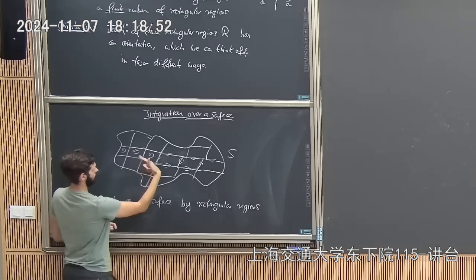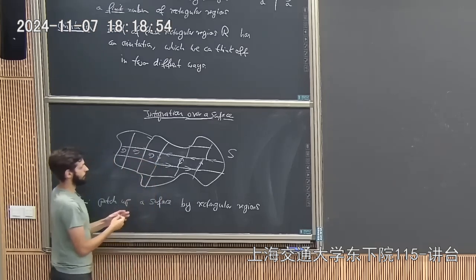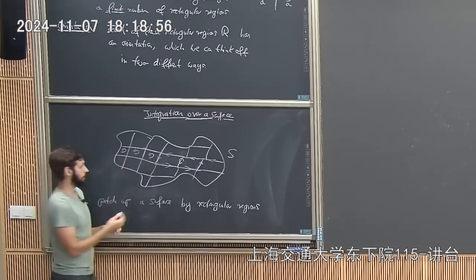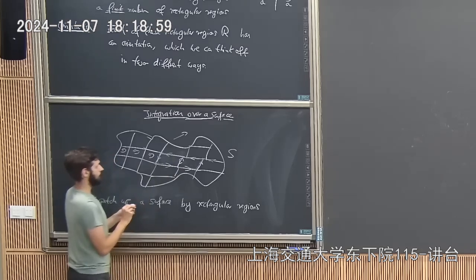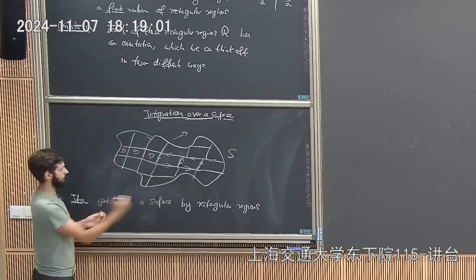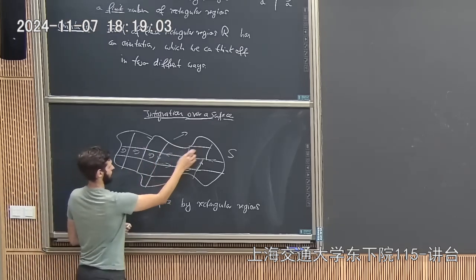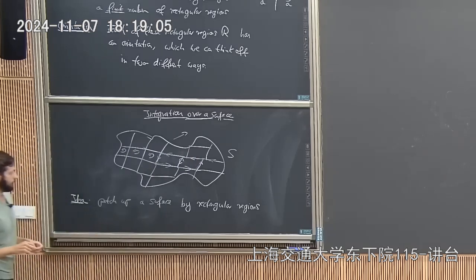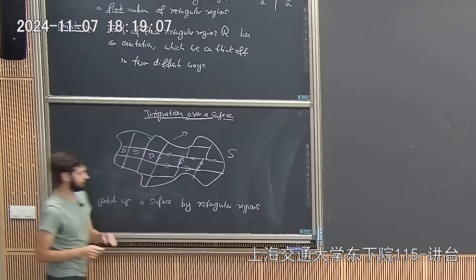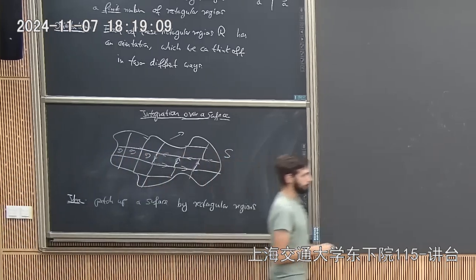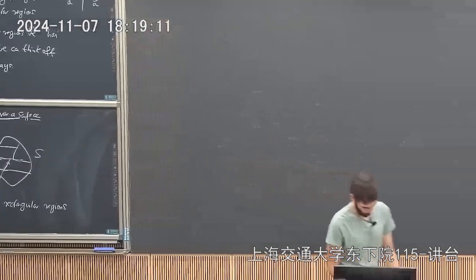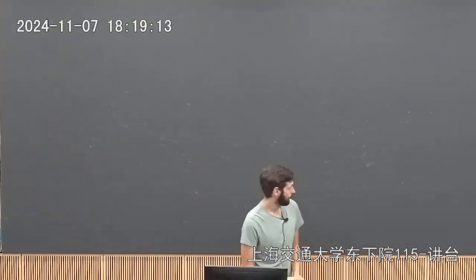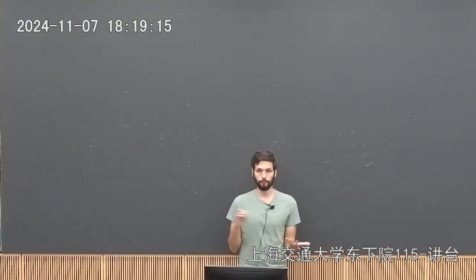This should put inside, so the normal vector field is pointing outwards. And then you can determine the orientations of all of these other rectangles. So that's the orientation now.